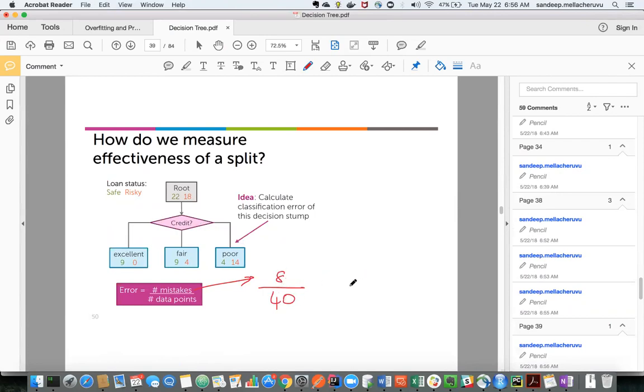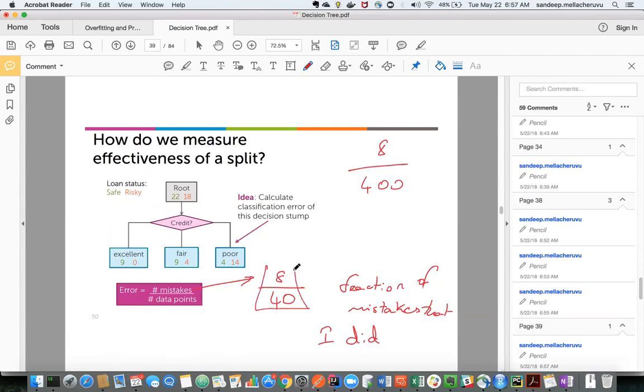That way I get the fraction of mistakes that I made, so I'll be able to understand how good that split is. For example, if I am doing 8 mistakes out of 40 data points versus only 8 mistakes for 400 data points, these two are not the same.